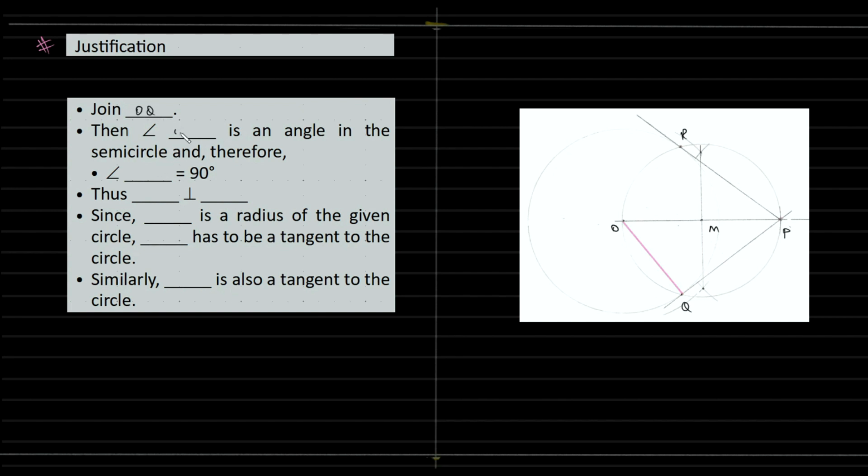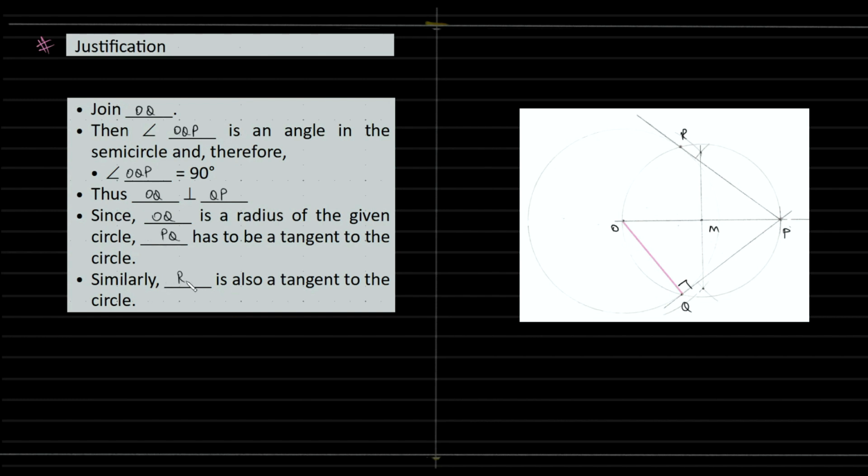Angle OQP is an angle in the semicircle and therefore OQP is 90 degrees. This makes OQ perpendicular to QP. Since OQ is the radius of the given circle, then PQ has to be the tangent to the circle.